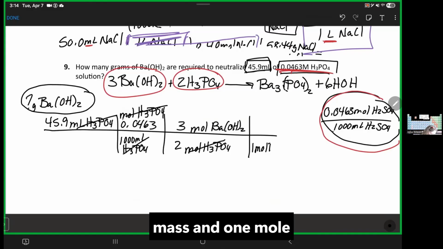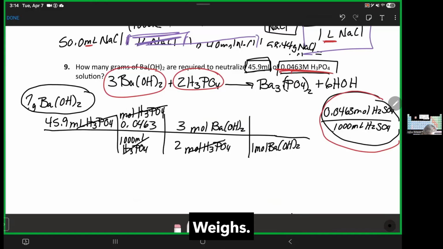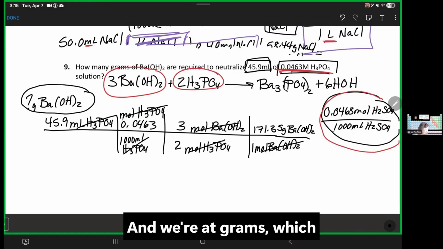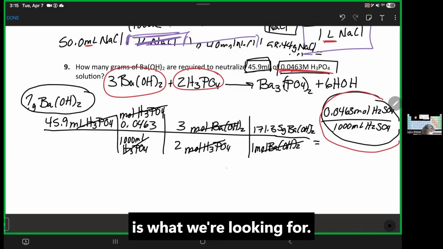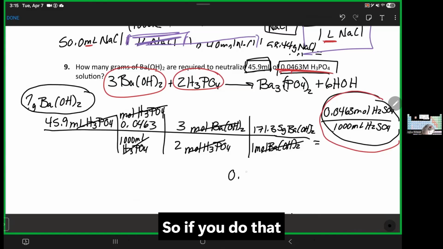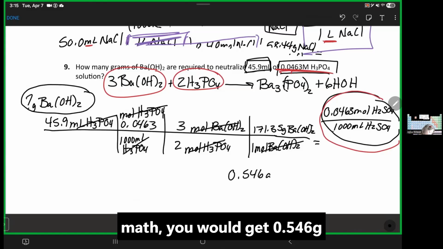And 1 mole of barium hydroxide weighs 171.35 grams. And we're at grams, which is what we're looking for. So if you do that math, you would get 0.546 grams of barium hydroxide.